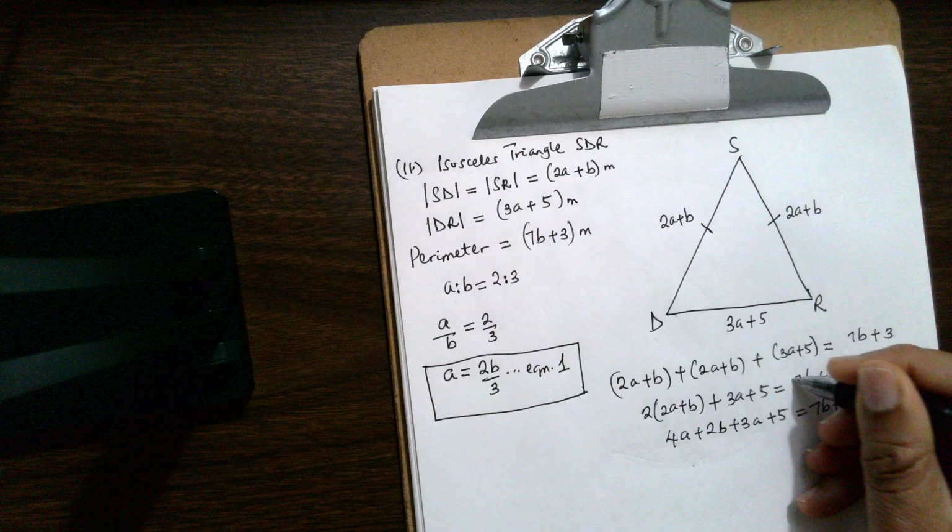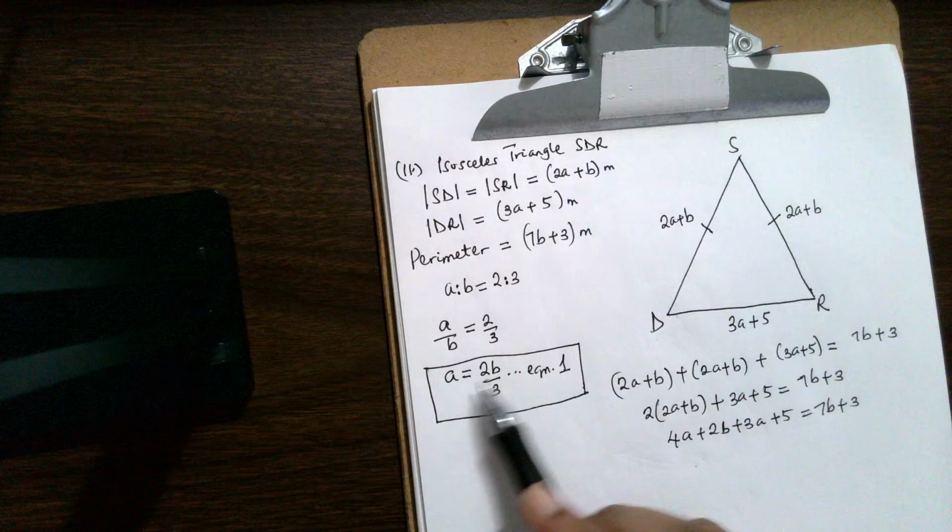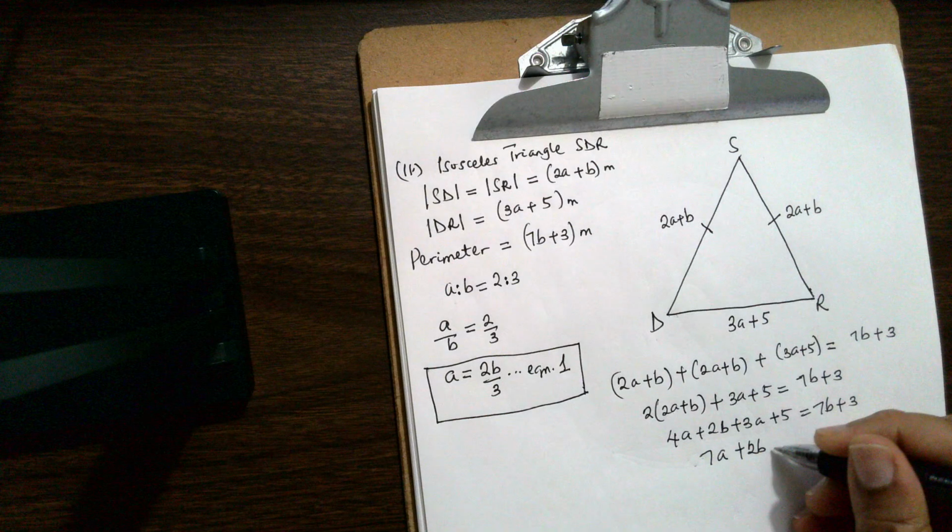All right, so we can simplify that. Remember, we have that our A is 2B over 3, but let's first of all get the like terms. We have 7A plus 2B, and we can get the minus 7B here.